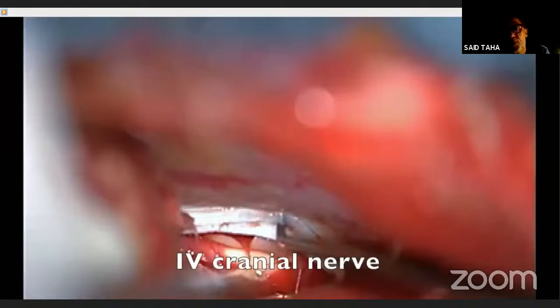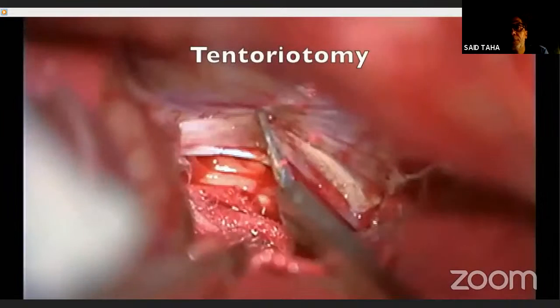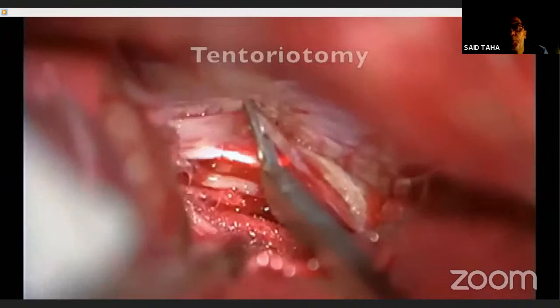We identify the vessels. And here we retract the tentorium and identify the fourth nerve. Now we can cut the tentorium after coagulation.